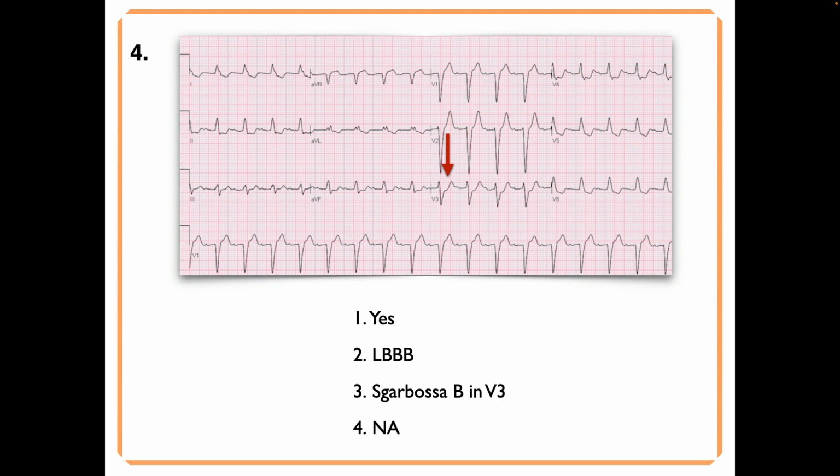The other mistake people make is they look at something like lead 1, which is completely positive. We already looked at something like this, and I said, can you see the rabbit ears? Can you see the RR prime? And everybody said, yeah, no problem. But when you're looking for ST elevation, those rabbit ears have a nasty habit of looking like ST elevation.